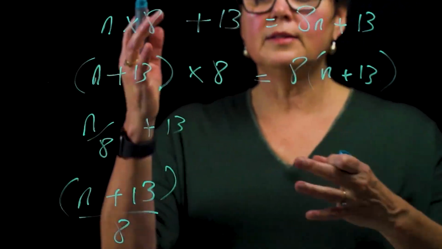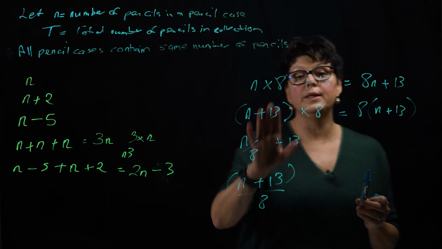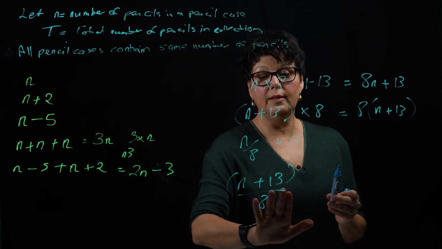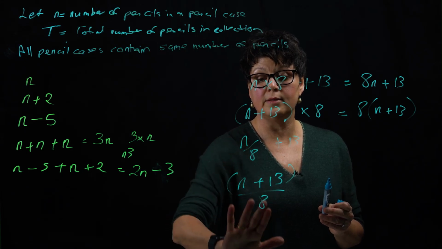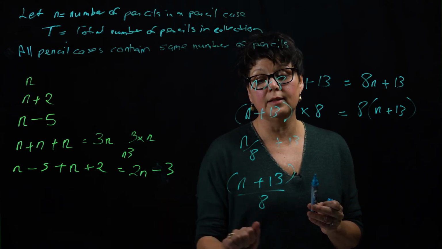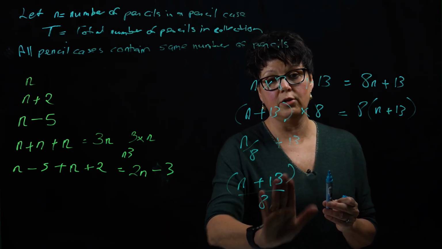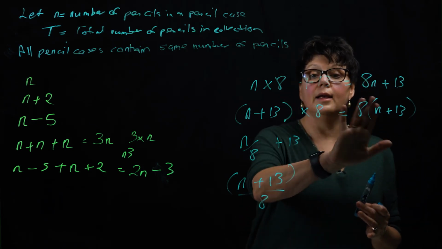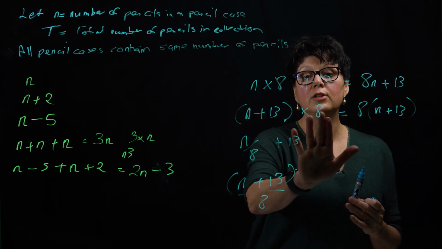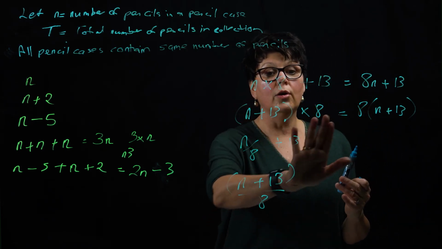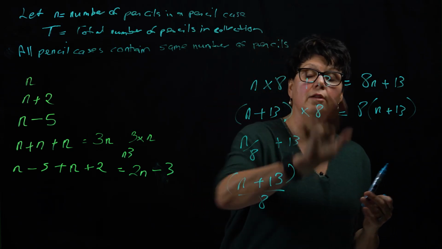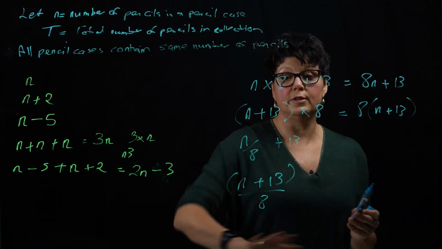So in both these cases, there will be times when students want to write this and put the 8 either just under the n or just under the 13. The same here, they actually may, if they don't know their order of operations, end up writing the first expression first.